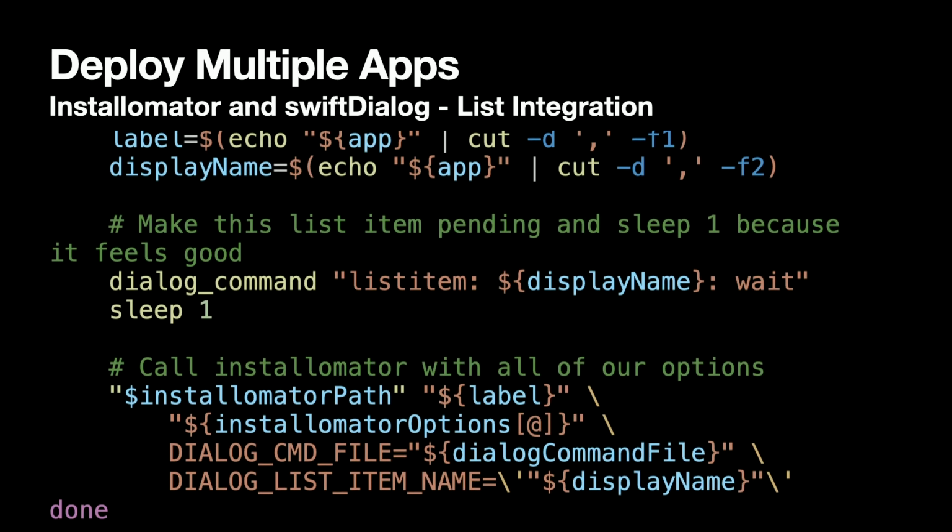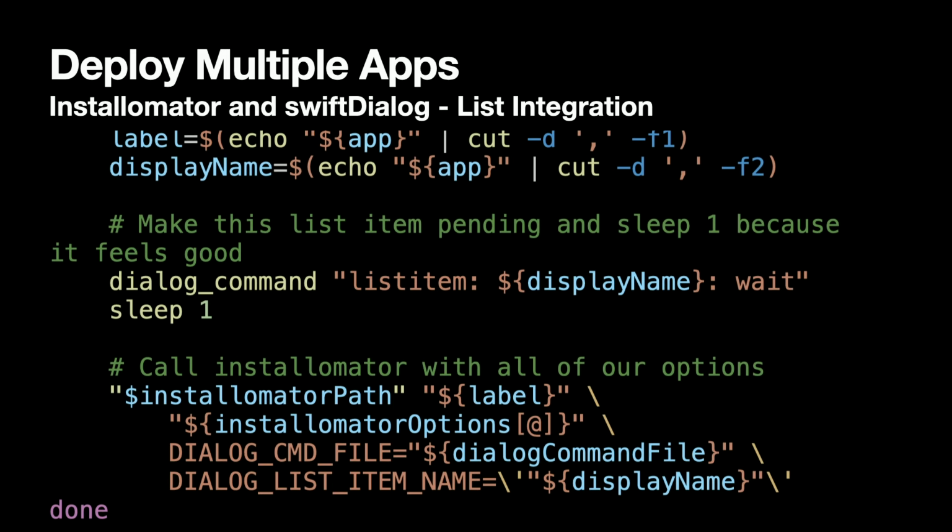At this point in the script, we have a swiftDialog window presented with each individual application we're installing. And now I'm going to use the swiftDialog command file to tell it the wait command, which will start the progress bar circle, and then iterate through that app list and one by one, run Installomator with the label from that line with the options that I configured, and telling Installomator how to update my list using the command file.